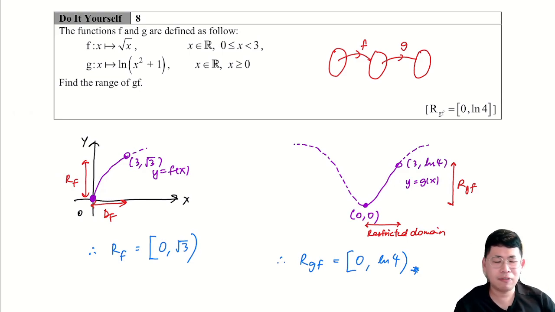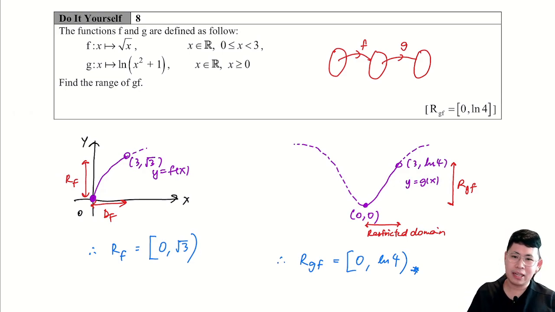Once again, you can do the direct method of compositing both functions together and then put it in the GC and analyze the numbers. But what I want to encourage for much more difficult questions is this skill, which is very useful because sometimes you may not get any image from your GC because the GC window is limited.